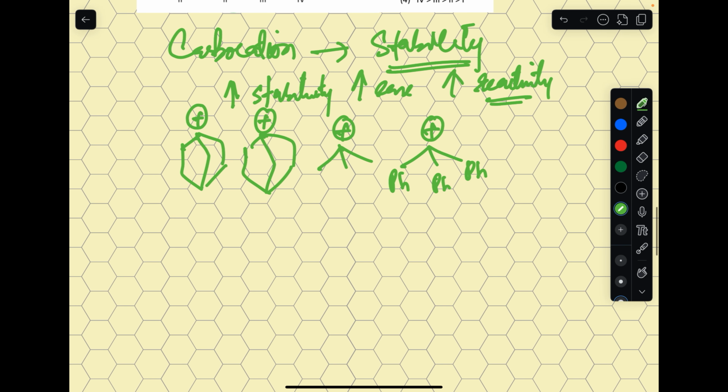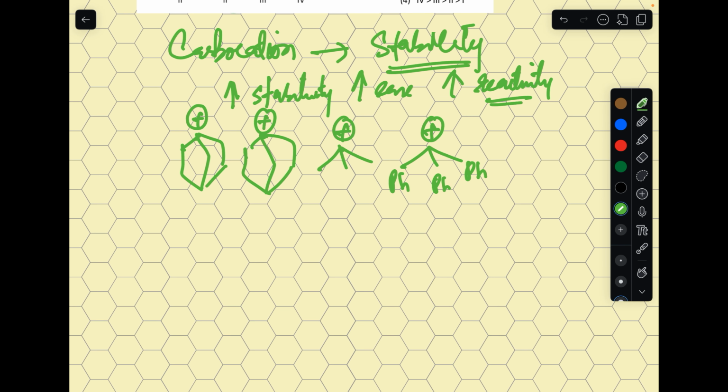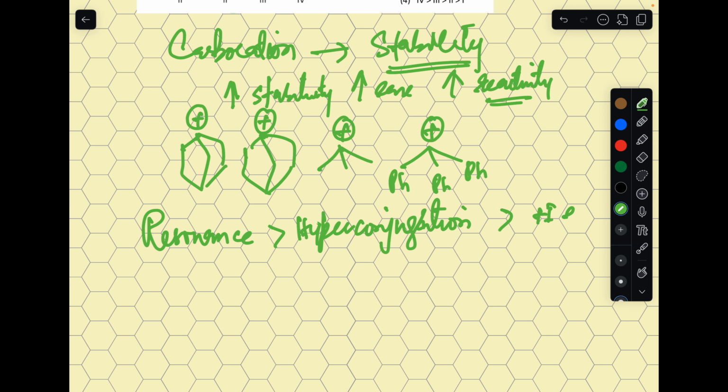While solving the stability order of these carbocations, let us remember the stability order rule: resonance is at the top. It dominates in stabilizing the carbocation, followed by hyperconjugation. And after that, it is the plus I effect. After that, it is degree.